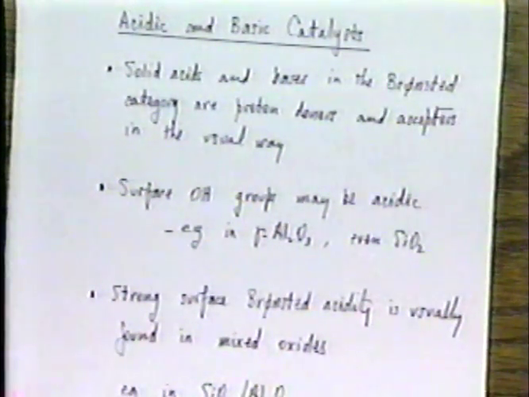I'm not going to say anything about that. What I propose to do is confine the discussion to solid acids as catalysts, and confine the reactions to some typical simple hydrocarbon conversions which are of catalytic significance, particularly in the petroleum and hydrocarbon industries.